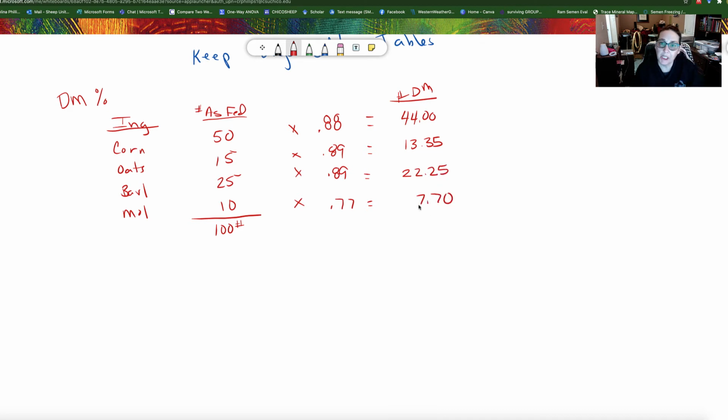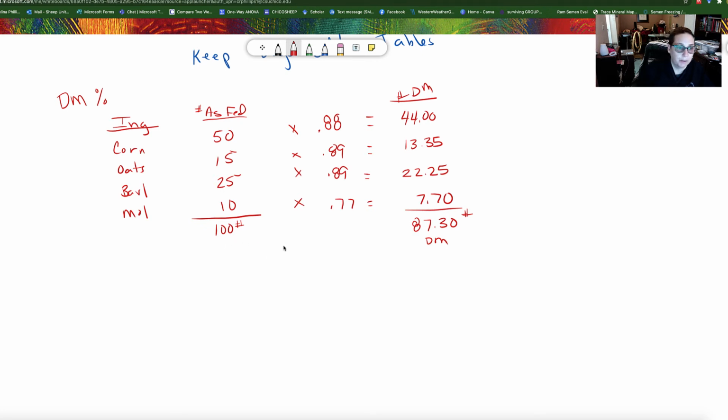So from each ingredient, from corn we got 44 pounds of dry matter, oats 13.35, from barley 22.25, and 7.7 pounds from molasses. If we add all of these up, I came up with 87.30 pounds of dry matter in 100 pounds of feed.